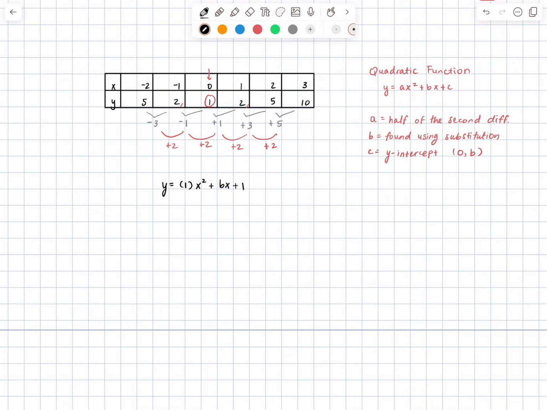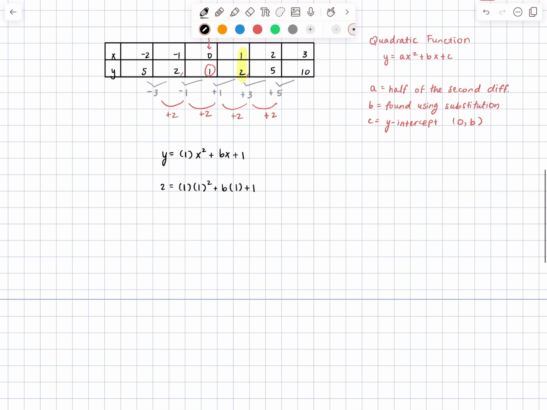So let's go ahead and choose 2 and 1. So these points right over here, it doesn't matter, you can choose any of them. So 2 equals 1 times 1 squared plus bx, and x is 1, so b times 1 plus 1.